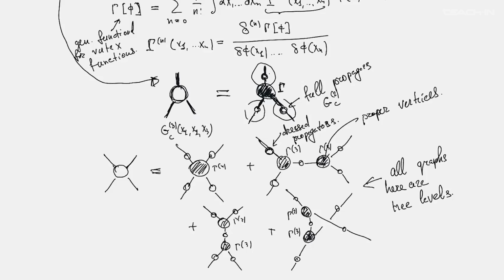So vertex functions and dressed propagators make you a kind of free theory in brackets on the right-hand side.